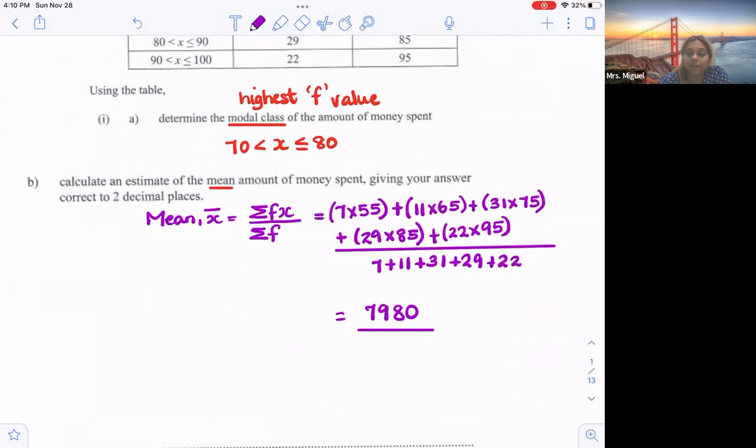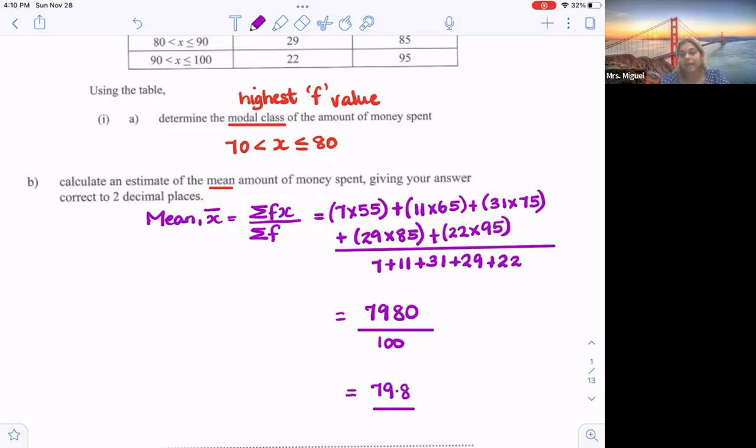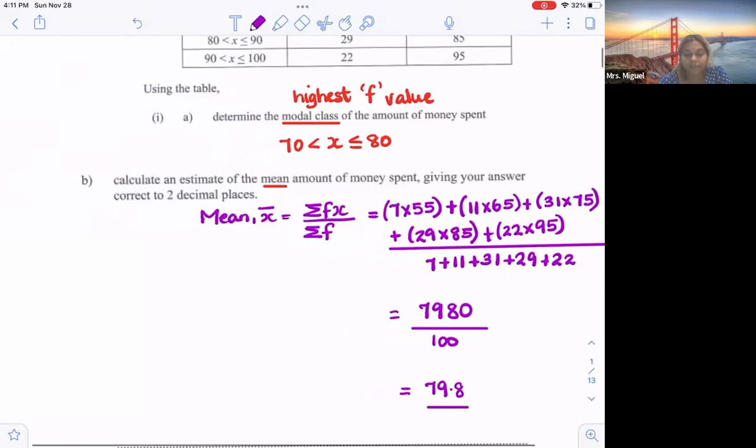The sum of the numbers in the denominator is 100. Did you all get 100? Yes, miss. So this is 79.8. The mean is 79.8. So this is how we calculate the mean.